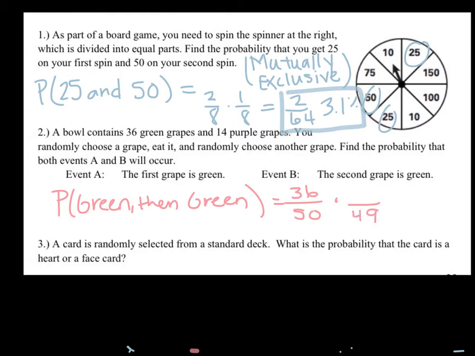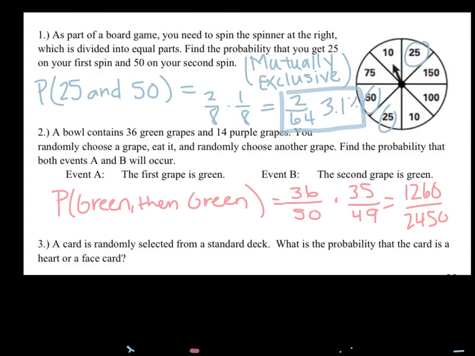And there's no longer 36 green grapes because you just ate one of them. So now the probability of the second event is only 35 out of 49, which gives you 1260 over 2450, which is about 51.4%.